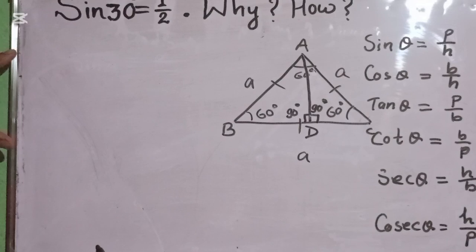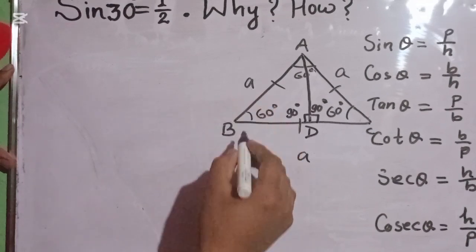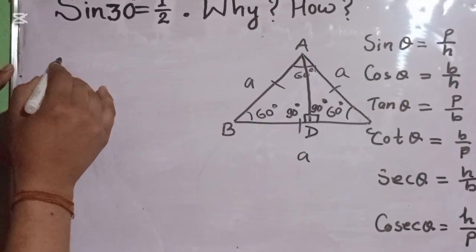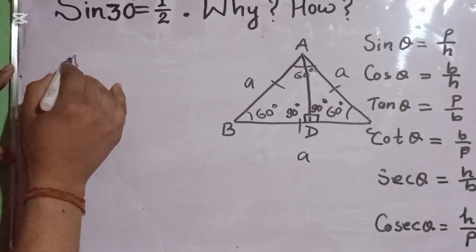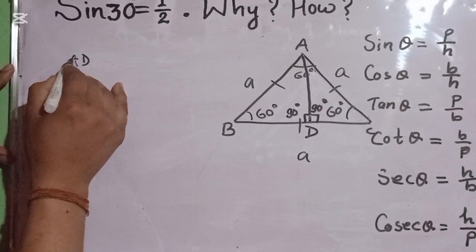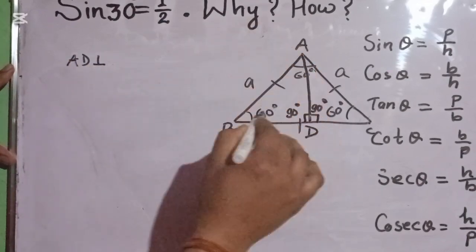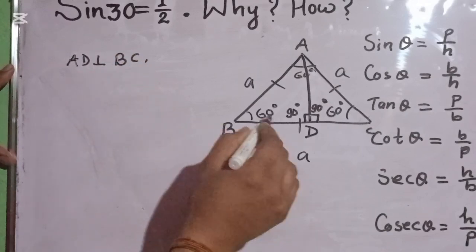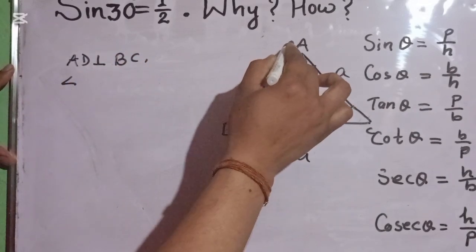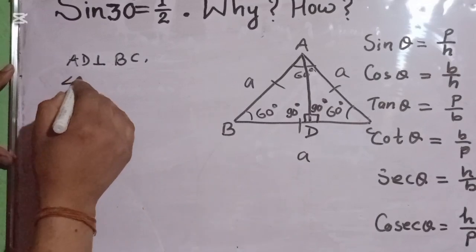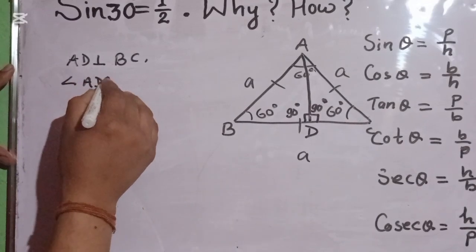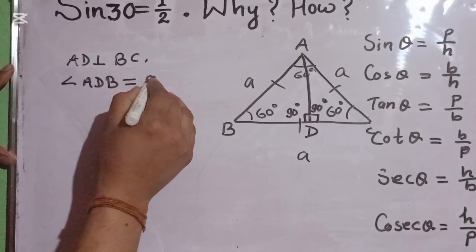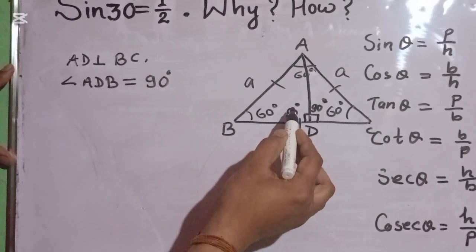And look at children, here we have drawn AD perpendicular to BC. That means here angle ADB is 90 degree.